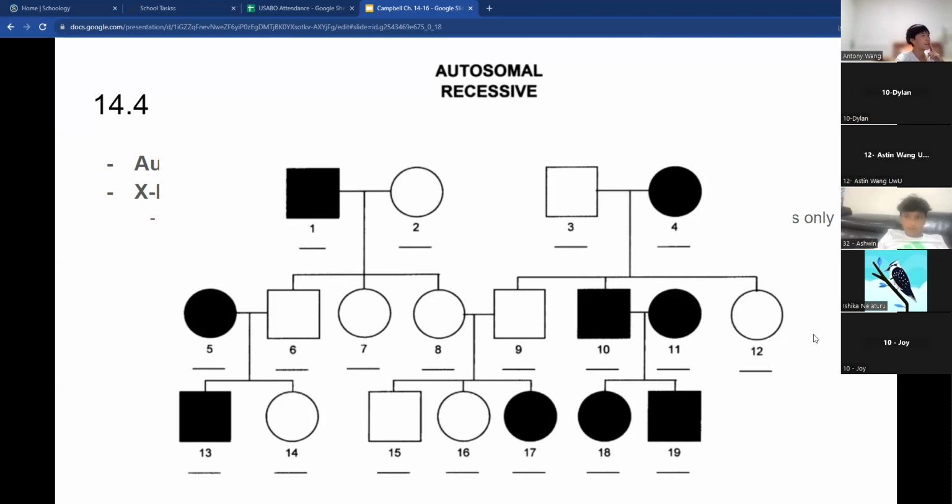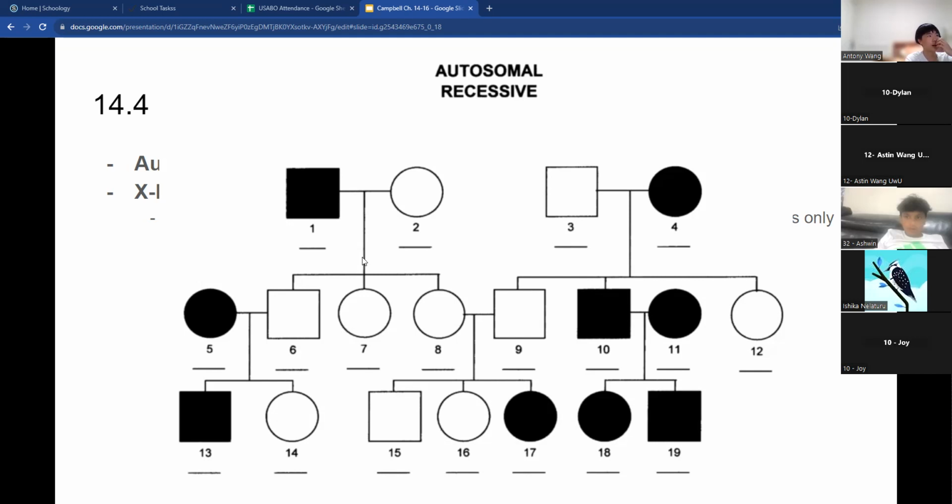Alright. One thing I want to point out is that whether or not the circle is shaded does not tell you whether the condition is recessive or dominant. Someone answered incorrectly, that's why I'm talking about it.